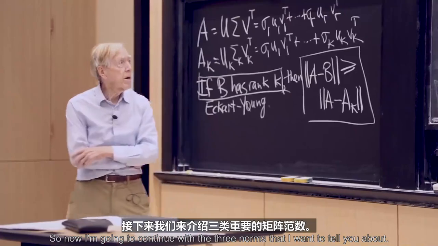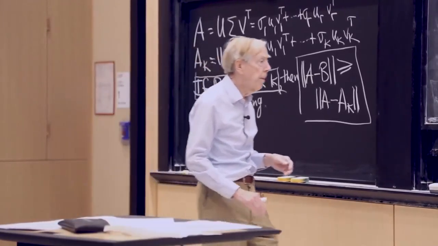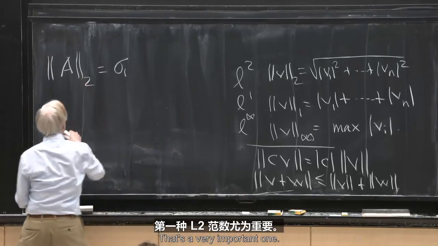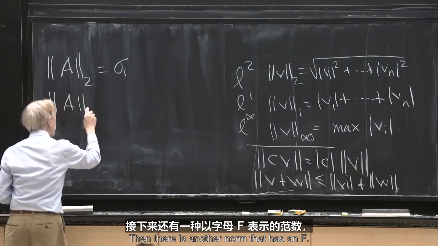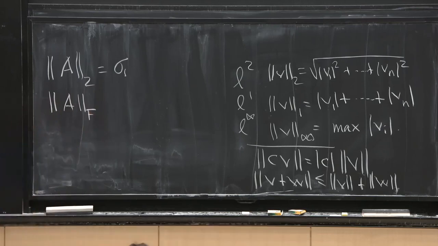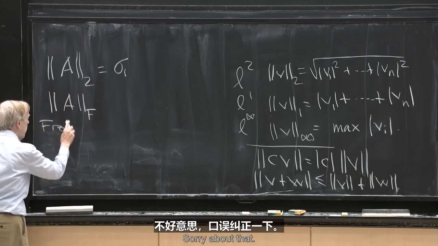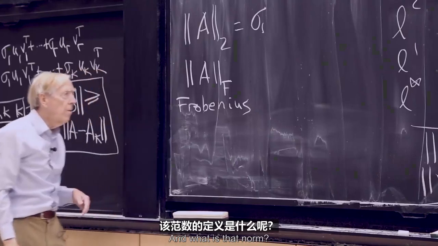So now I'm going to continue with the 3 norms that I want to tell you about. That's a very important one. Then there's another norm that has an F, and it's named after Frobenius. And what is that norm?